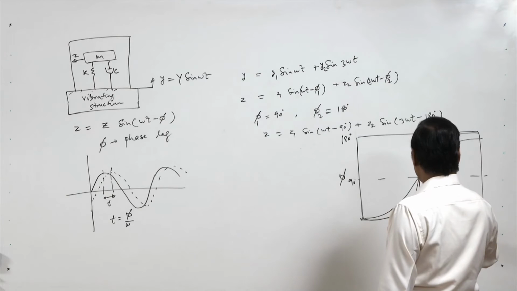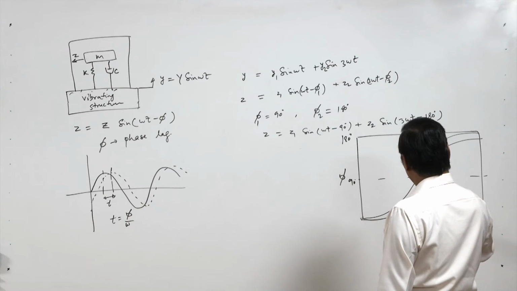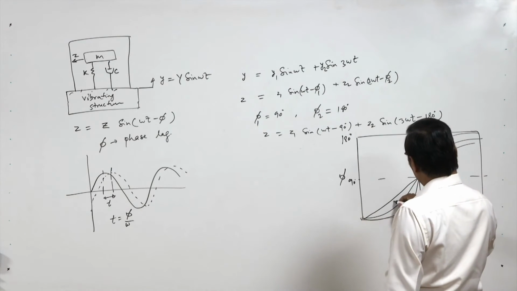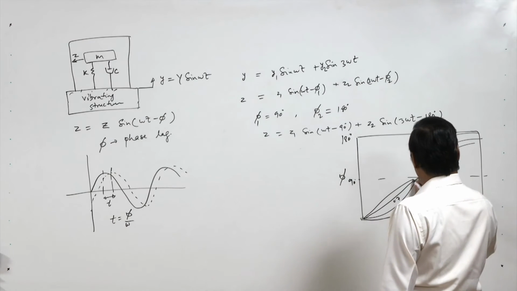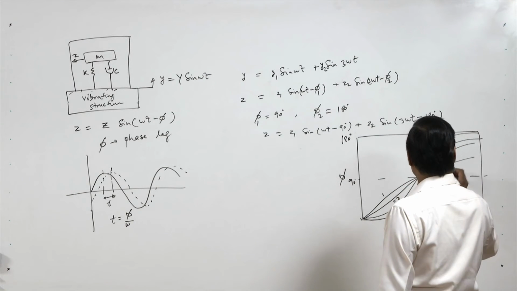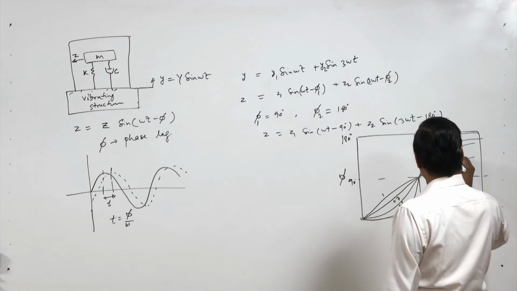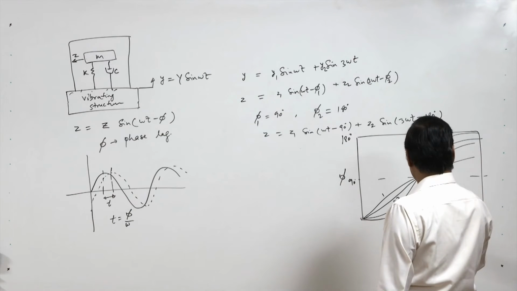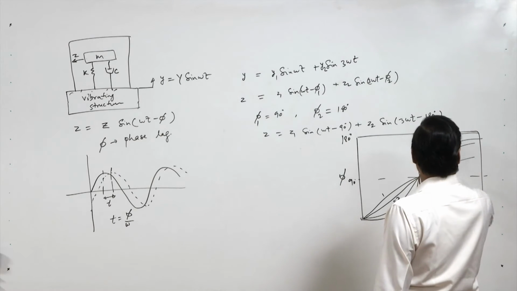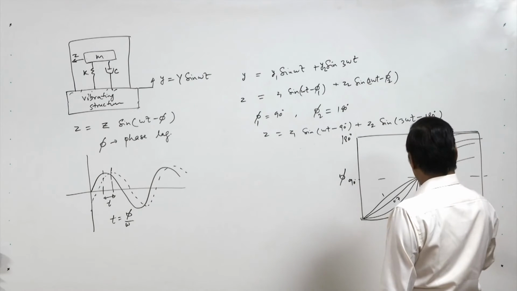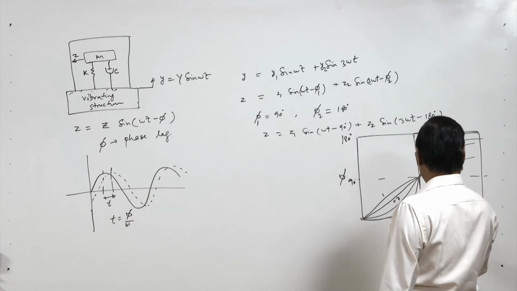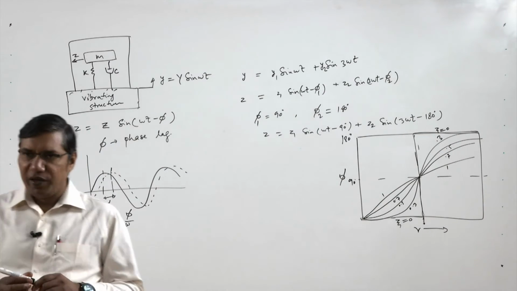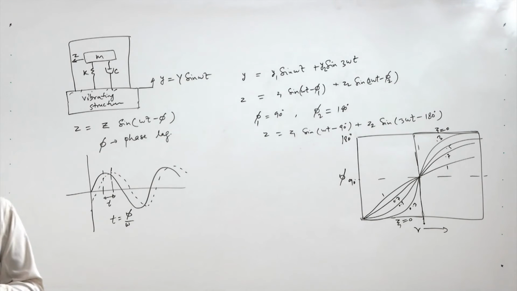This could be zeta equal to 0.3, this is 0.5, this is 0.7, then this could be 1 and so on, and this is zeta equal to 0. So this is the phase plot or phase response curve.